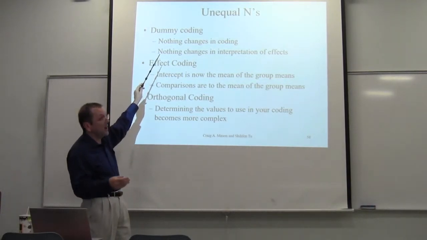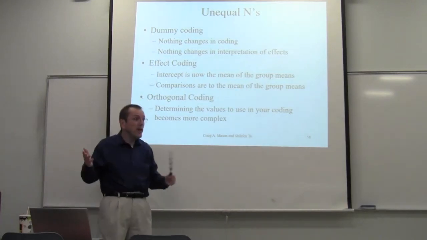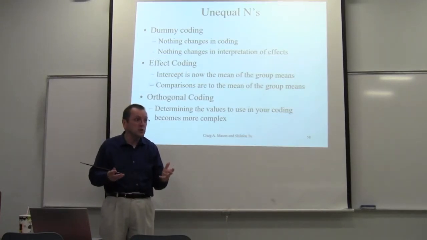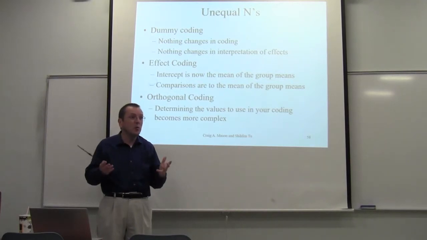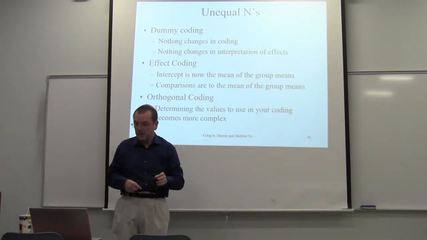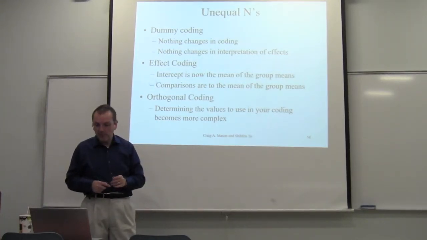For dummy coding, another reason I think we like dummy coding is that equal ends or unequal ends doesn't really change the coefficients, how you interpret them, or how you'll talk about them. Nothing really changes. The coding's the same. It's still all the zeros and ones. The interpretation is exactly the same.